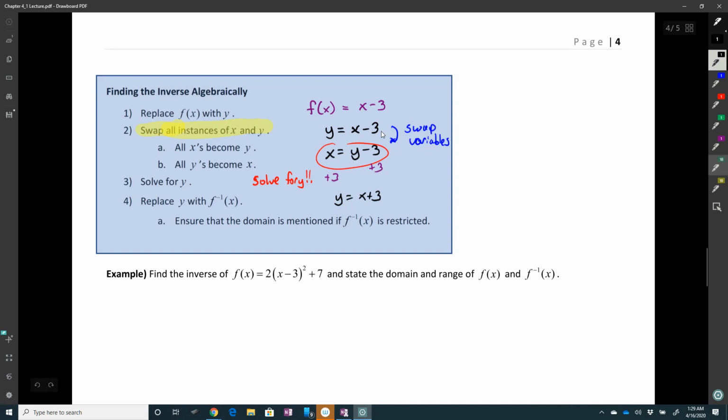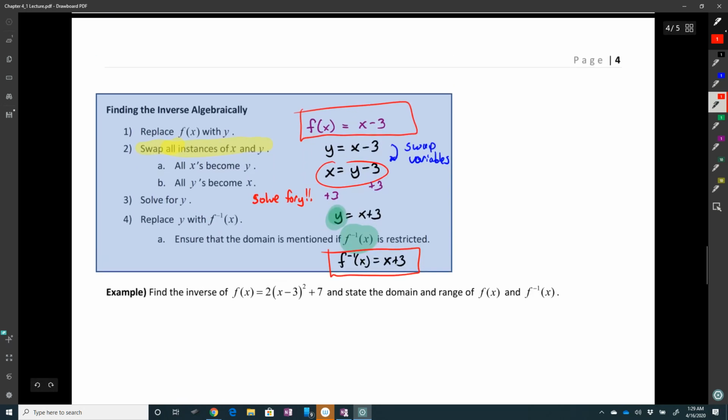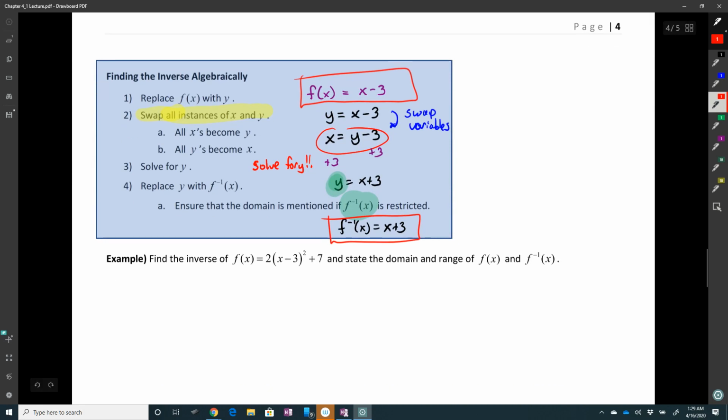To finish it off, you replace the y with f inverse. So you have f inverse equals x plus 3, where f is equal to x minus 3. Anyway, that's the easiest of easy examples, but let's do one that's a little harder.